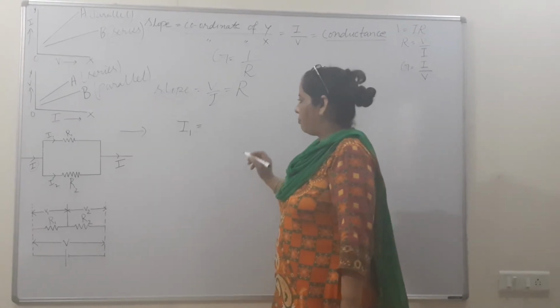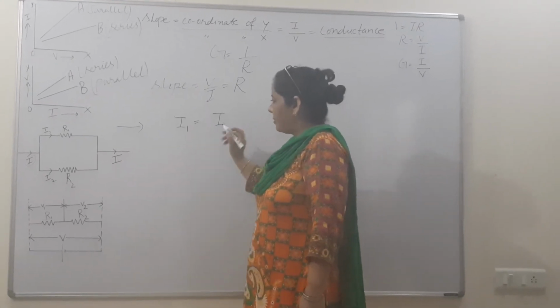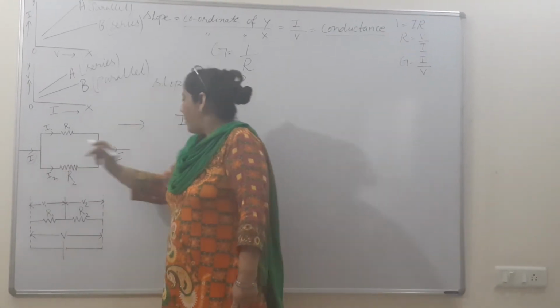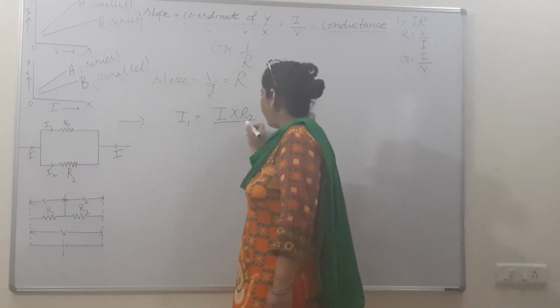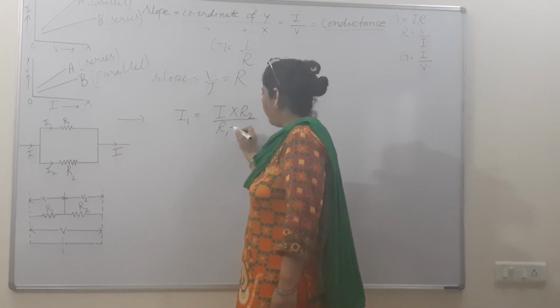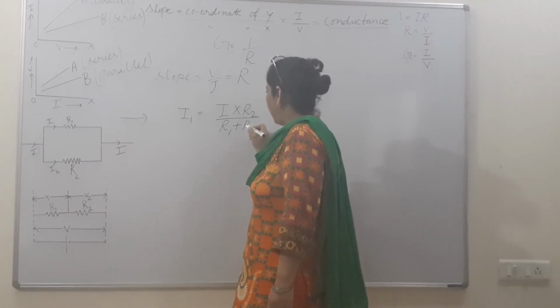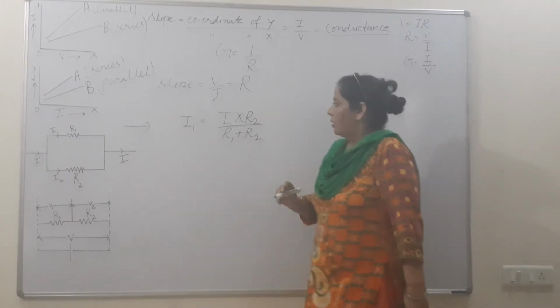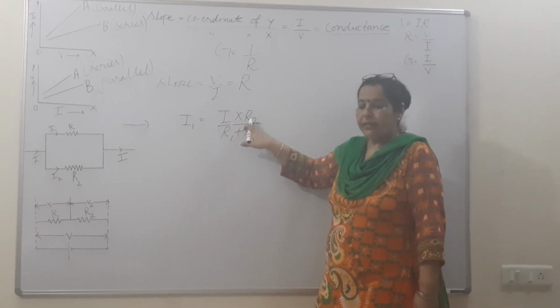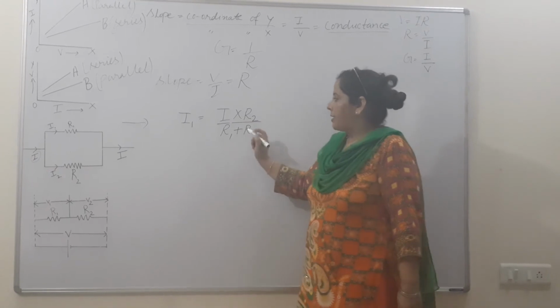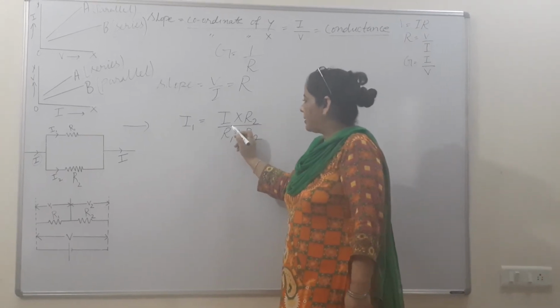Simply learn: main current I multiplied by R2 divided by R1 plus R2. Main current multiplied by the second resistor divided by the sum of the resistors.